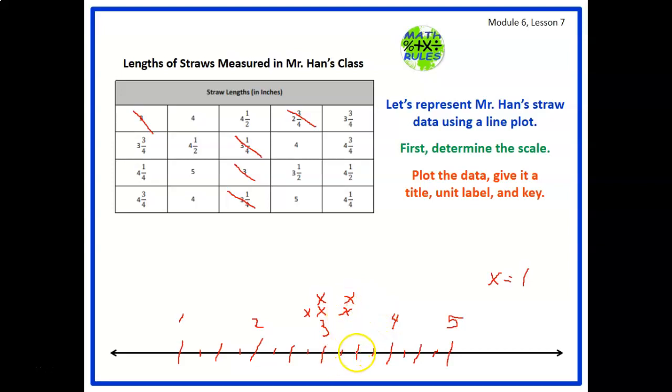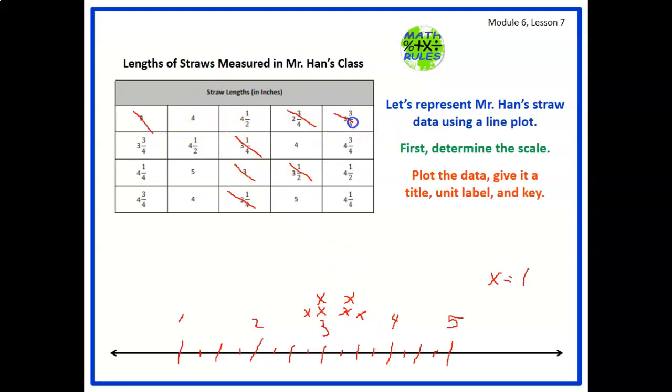My next unit will be 3 1/2. So let's see, 3 1/2. Oh, 3 1/2. Only 1. Okay, 3 1/4, 2/4, which is a half. 3/4, that's what my next one would be.